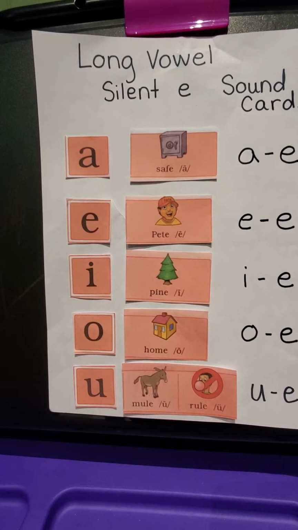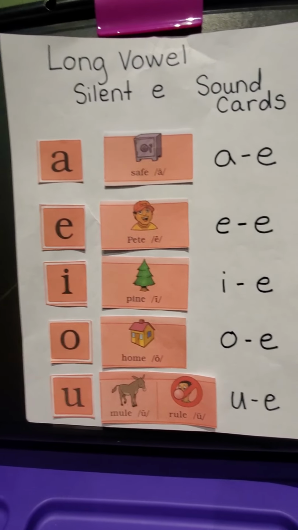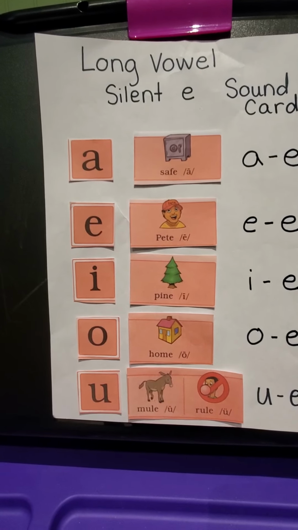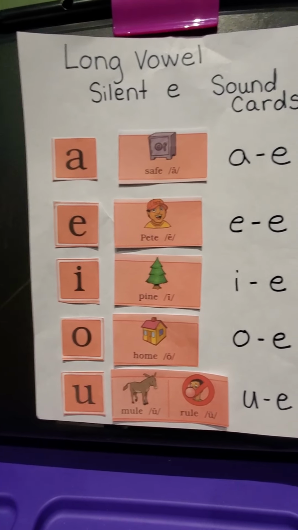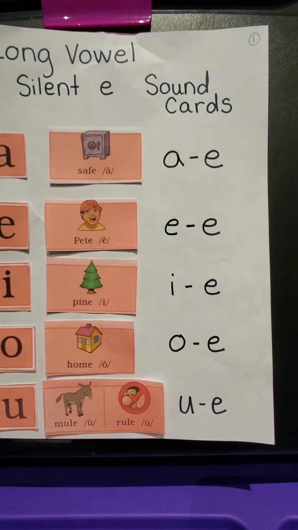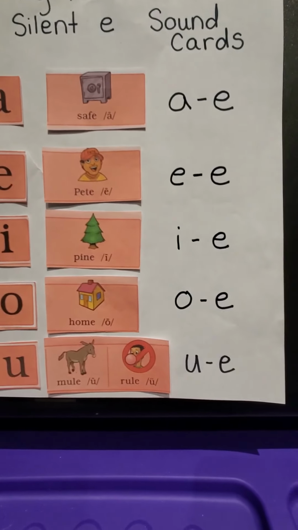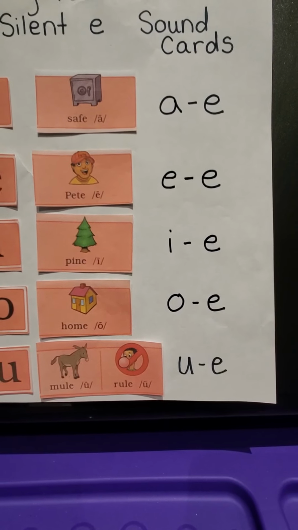Long I, pine I, we write it I-E. Long O, home O, we write it O-E. And then for long U, for both sounds, we would write it U-E.